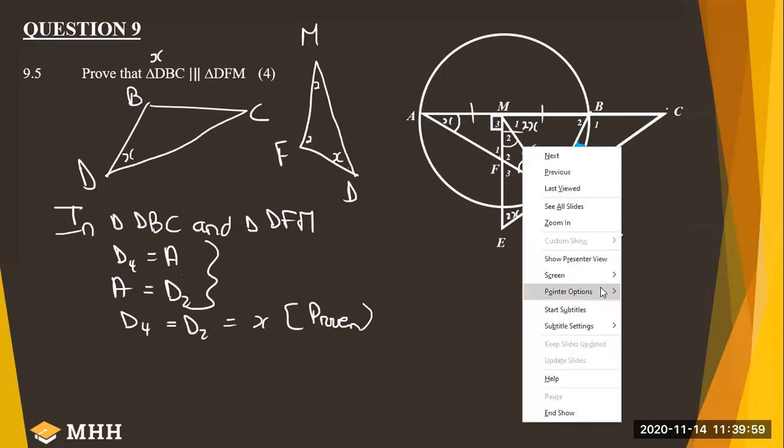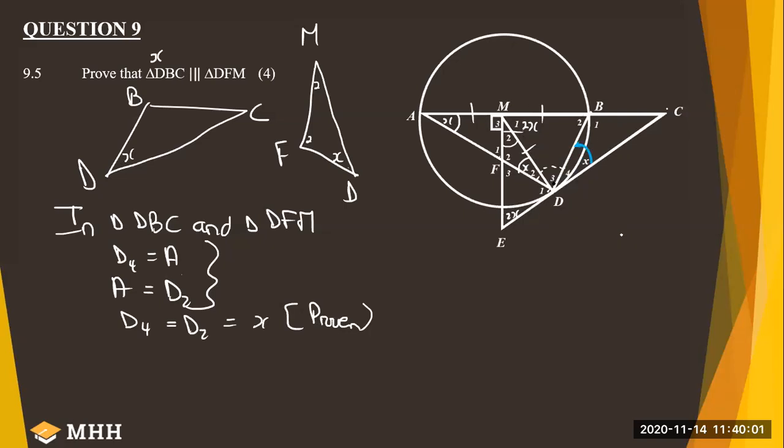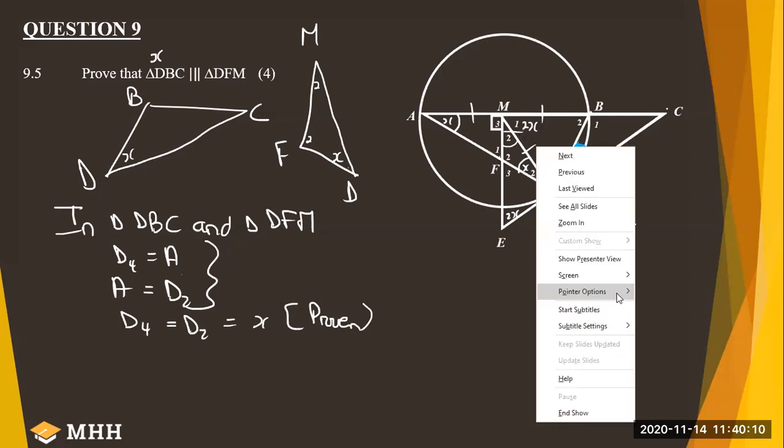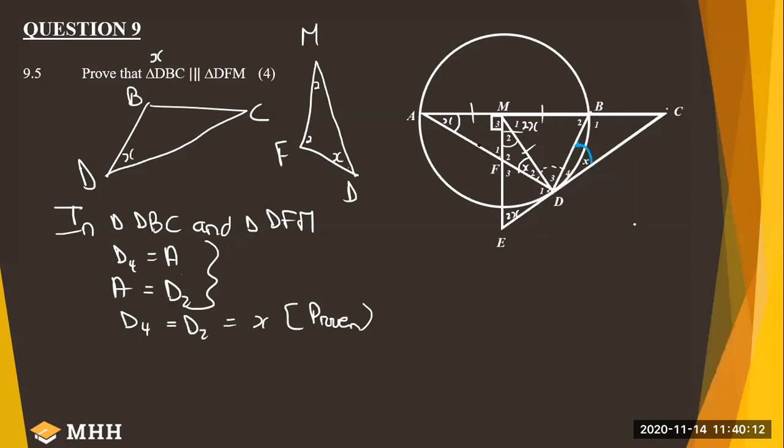Okay, so go and look at your triangles. Here's the one triangle. And don't ever forget what we just proved. In one of the previous questions, we proved that this is a cyclic quad.